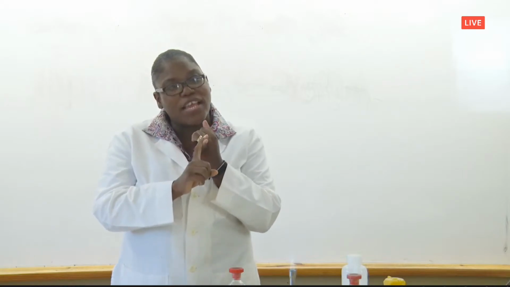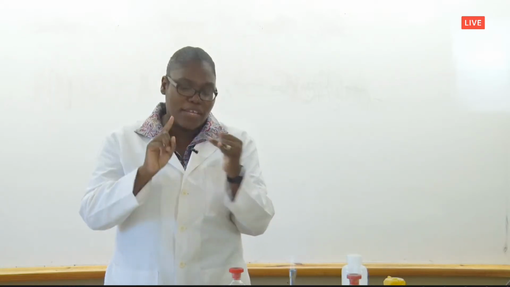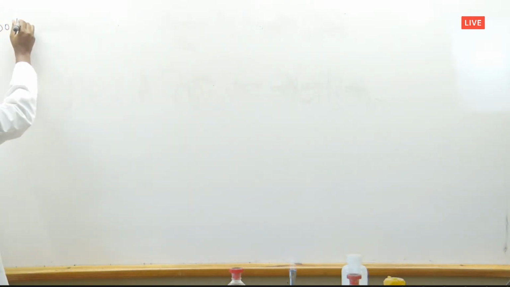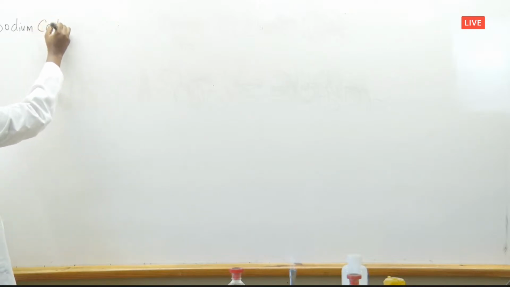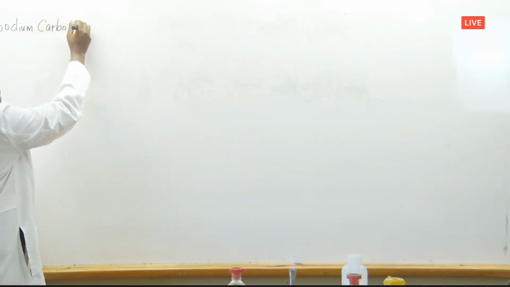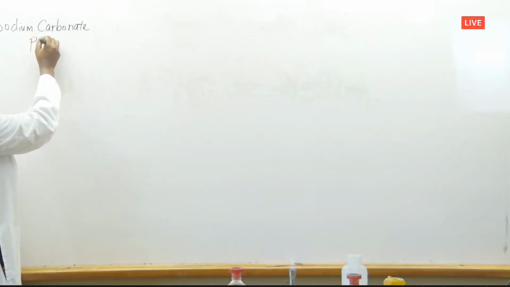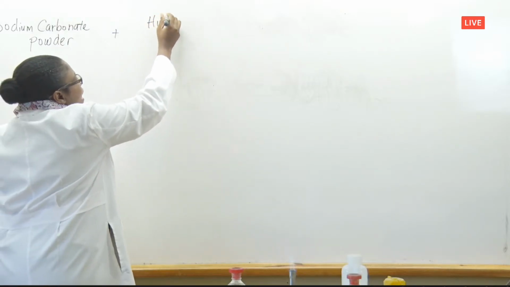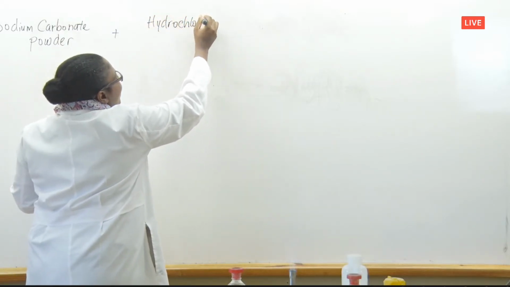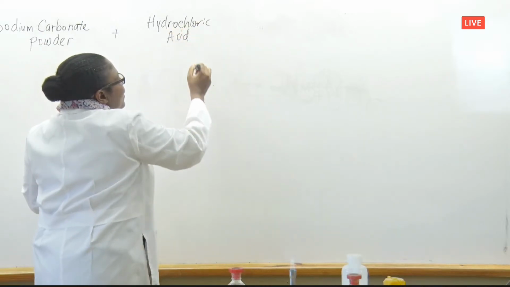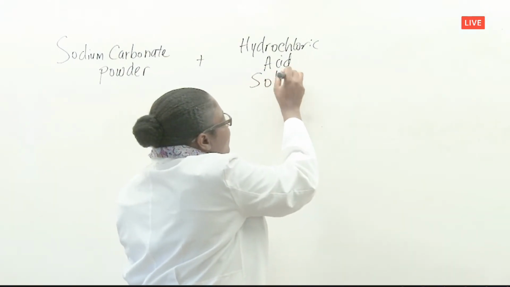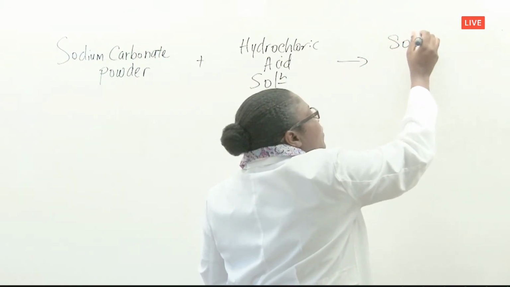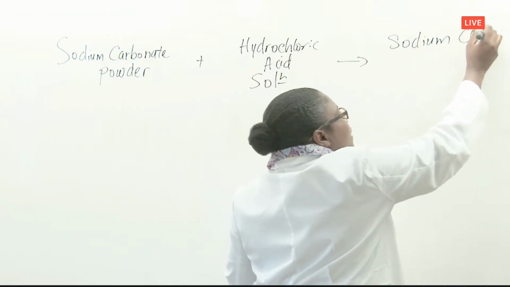Let's write our worded equation and then our balanced chemical equation. Let's go. So we got sodium carbonate, was definitely a powder, reacting with hydrochloric acid, and that is a solution, to give you sodium chloride.